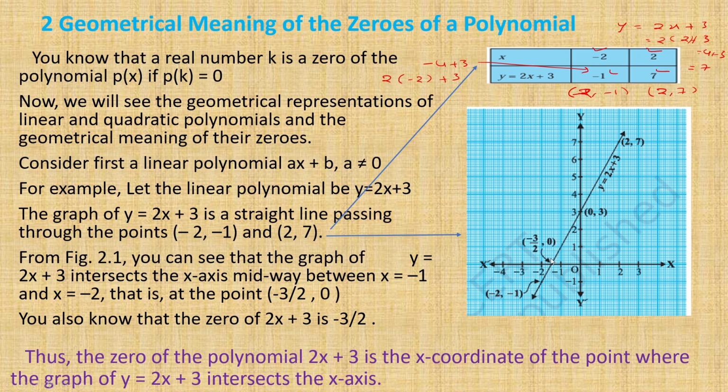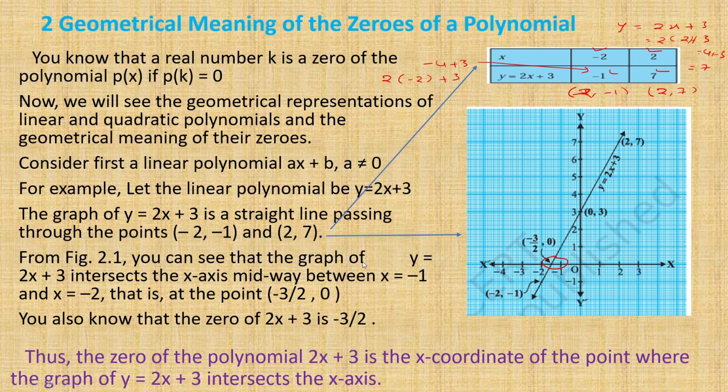The y coordinate on the x-axis is 0. So at minus 3 by 2 comma 0, this line touches the x-axis.